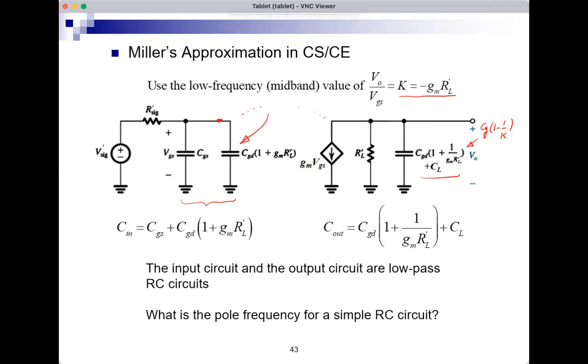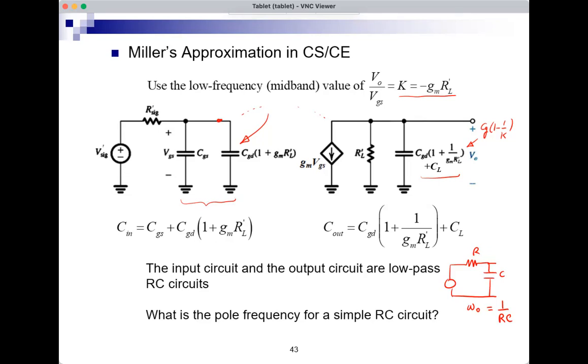What's the pole frequency for a simple RC circuit? If you have a simple RC circuit like this, with a resistor and a capacitor, with the input here and the output across the capacitor, then omega 0, the critical frequency, is simply 1 over RC. That's a well-known result. Now I have two of them, and each has its own omega 0.